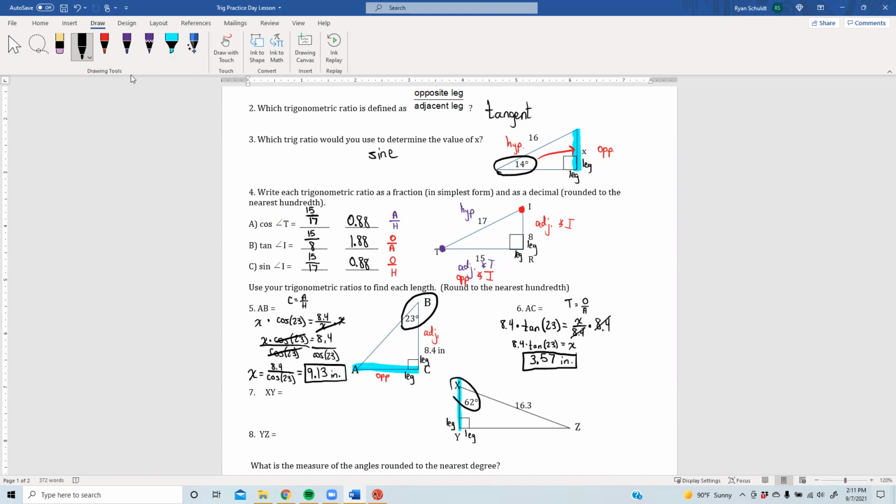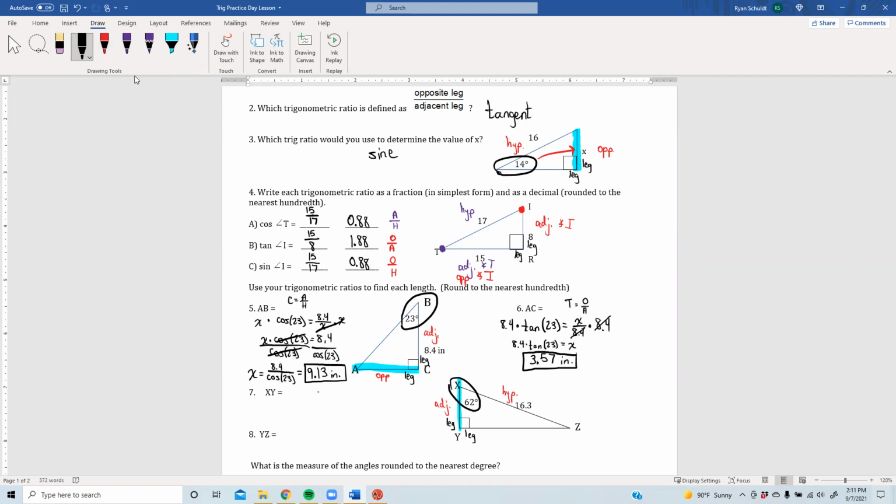Circle the angle given. Now, the 16.3 that they gave us, what side is that? That's our hypotenuse. The XY that we want to find right now, what side's that? That's the adjacent.